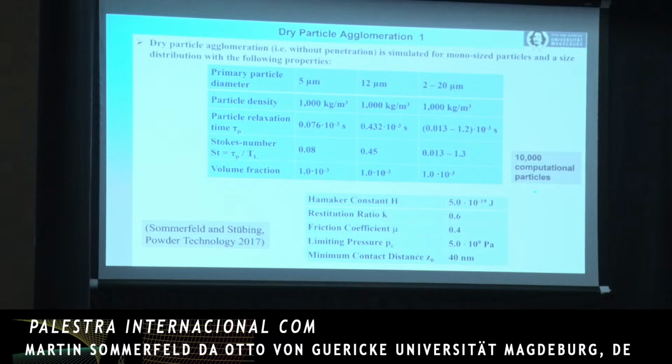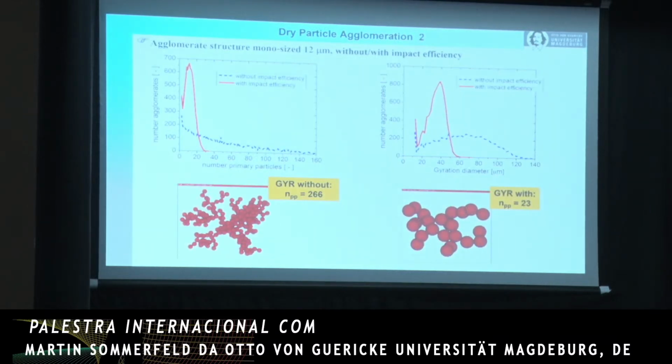We track 10,000 computational particles through this box. So first of all, the calculations I'm showing here are done with a gyration diameter with some parameters. Now we have done two calculations. Here this shows the number of aggregates in the flow.